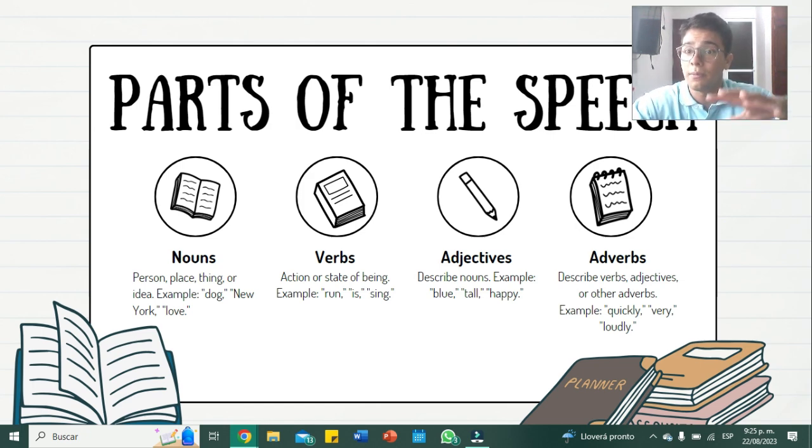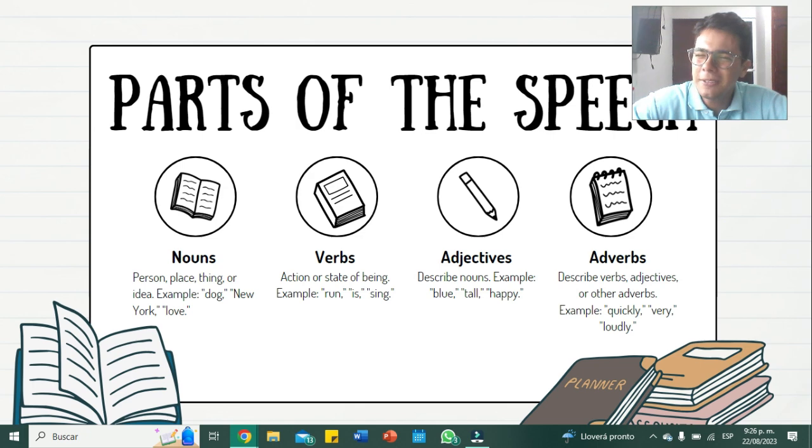Remember the nouns: places, persons, ideas, etc. So we have adjectives like blue, tall, happy. We can have sadness. We can have another kind of adjectives that we are gonna be talking about later. Then we have the adverbs, and the adverbs can describe both adjectives or other adverbs.